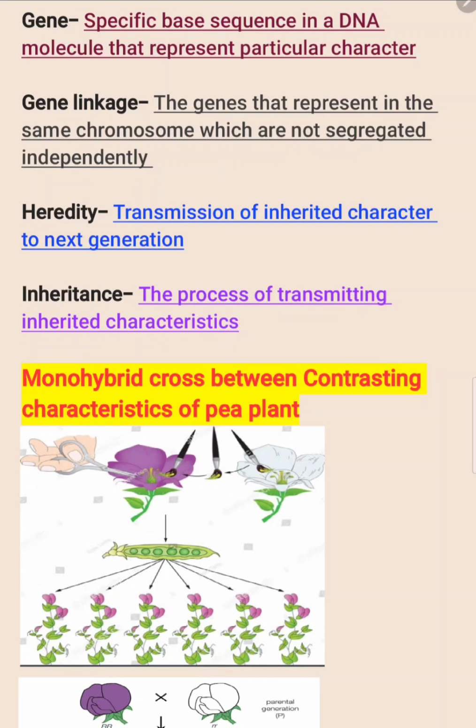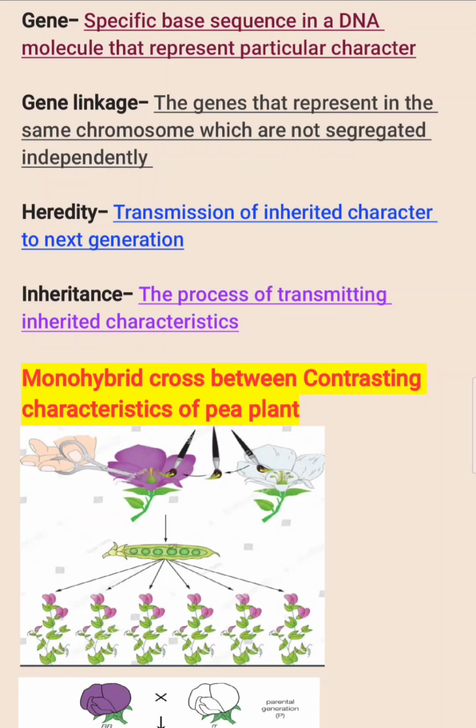You know that when we are doing reproduction, we produce gametes. For example, males produce sperms. When they are producing sperms, their number of chromosomes will be halved.